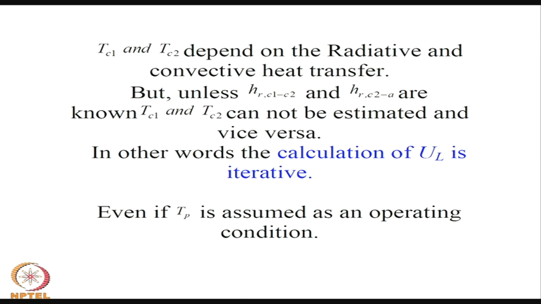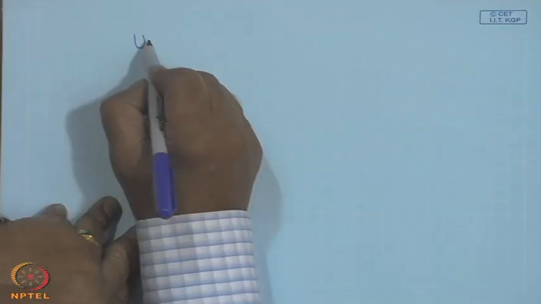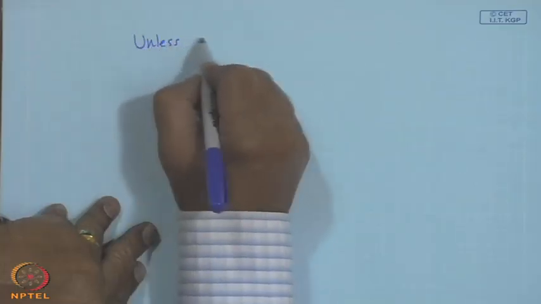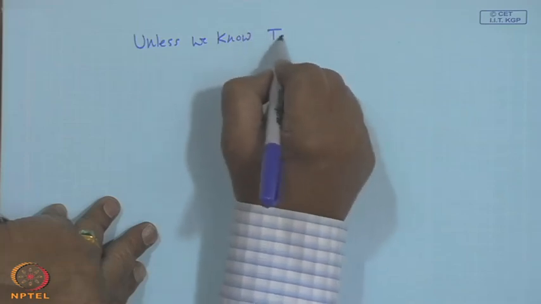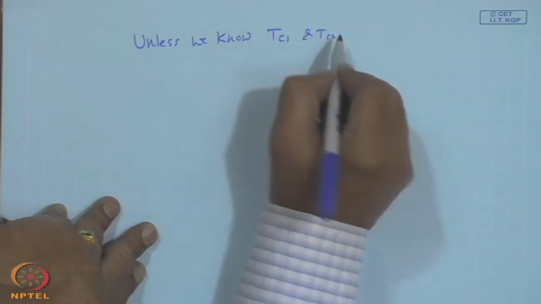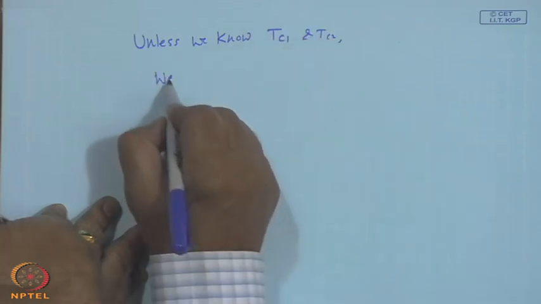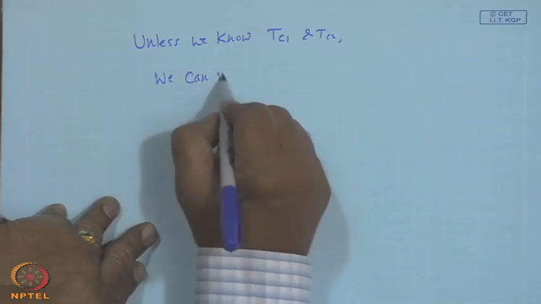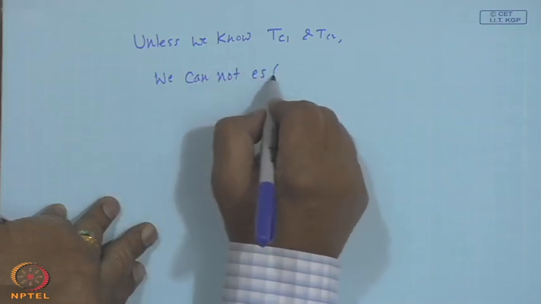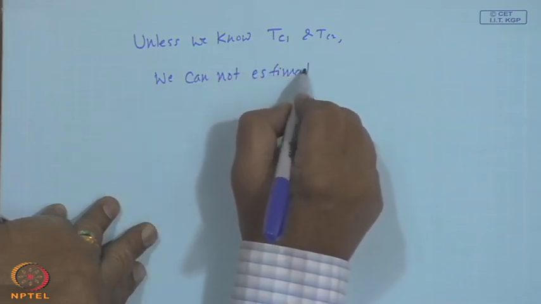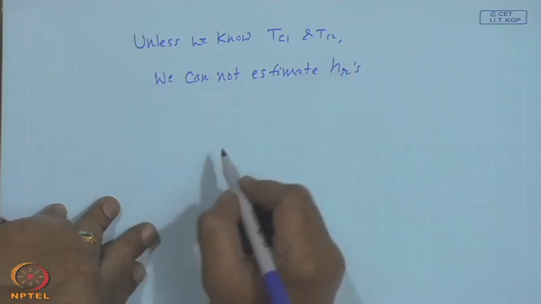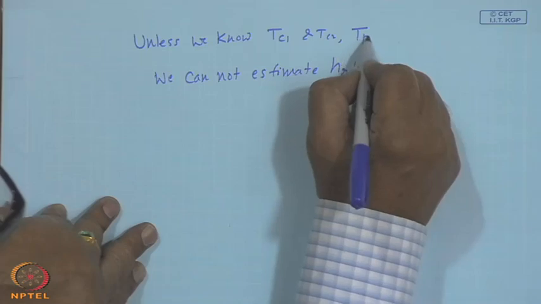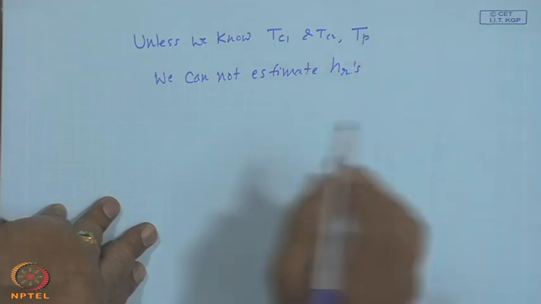So, now we have got an interesting problem. Unless we know Tc1 and Tc2, we cannot estimate HRs in general. Maybe I can add a Tp also. Ta is known too.